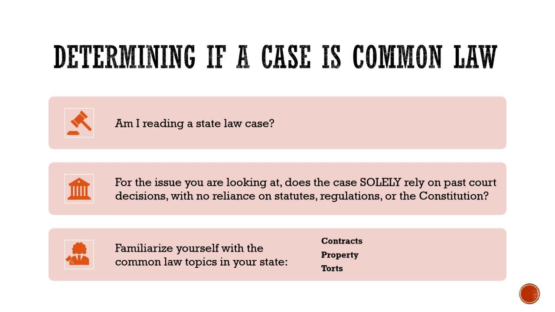Now, the common law topics in every state really are contracts, property, and torts. There may be some statutes where the legislature has codified some of these principles, but for the most part, it's common law.